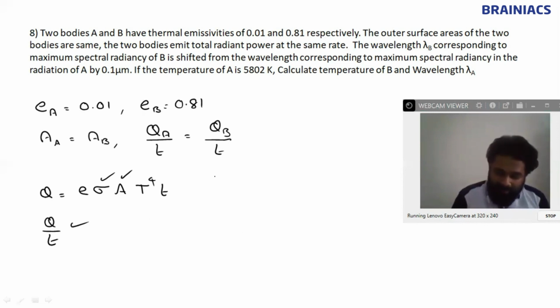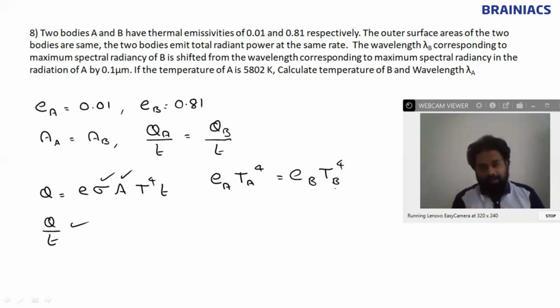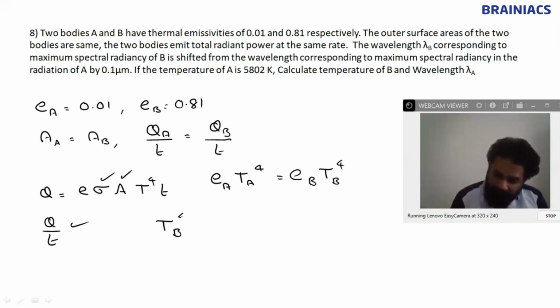So in this, we can understand that EA TA raised to 4 is equal to EB TB raised to 4. So only EA and EB are different. Temperature of A and temperature of B is different, but their products are same. So we are equating this. Remaining all the things will be cancelled off. So from this, temperature of B, we need to find TB raised to 4 is equal to EA, 0.01, divided by 0.81 into TA is how much?